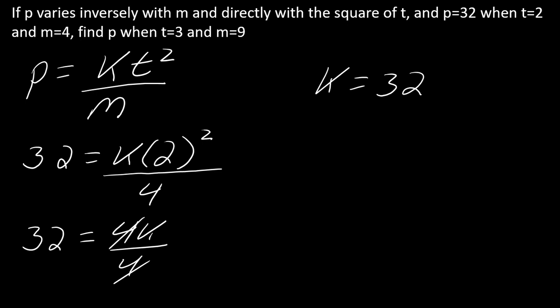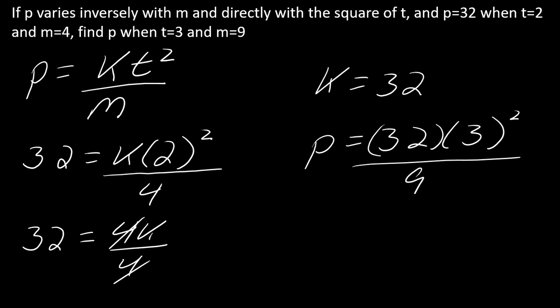So then when I'm asked to figure out the last part, find p when t equals 3 and m equals 9, if I plug those pieces in, I have p equals, I'm going to plug in the 32 for k. Remember to square your t and then divide that by 9. So interestingly, this will just equal 32 again, because the 9's will drop out.